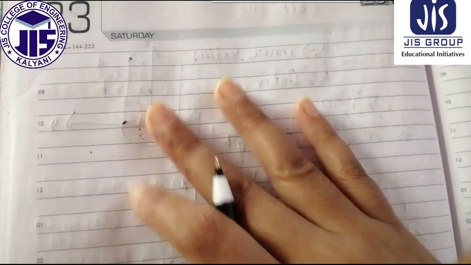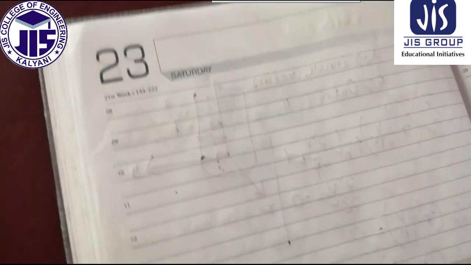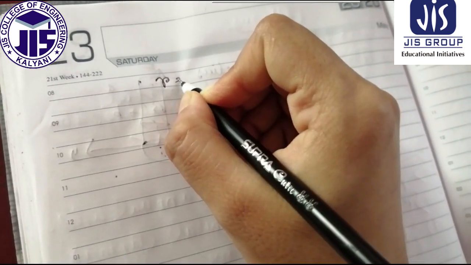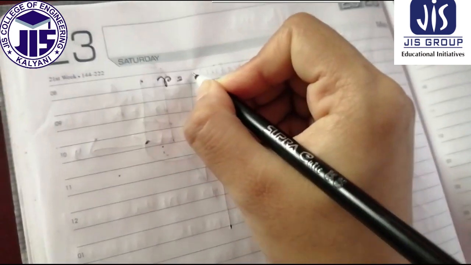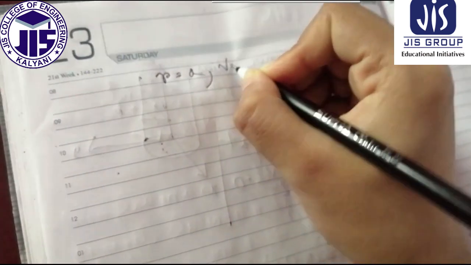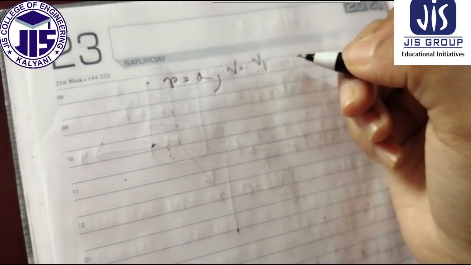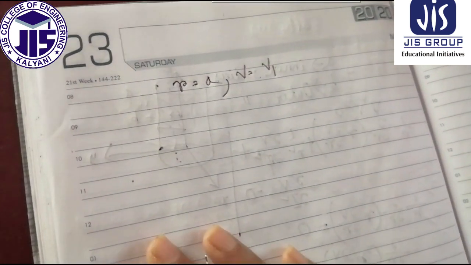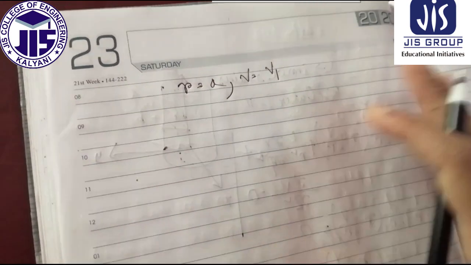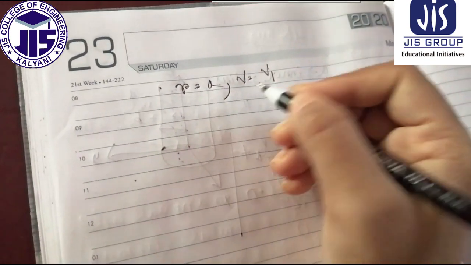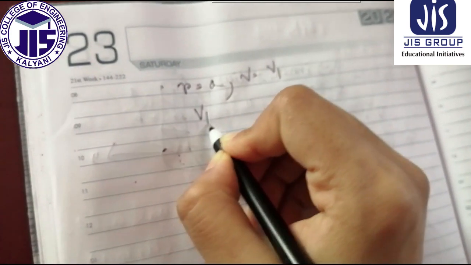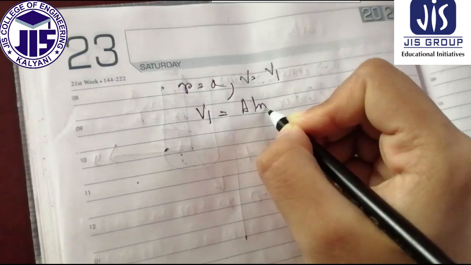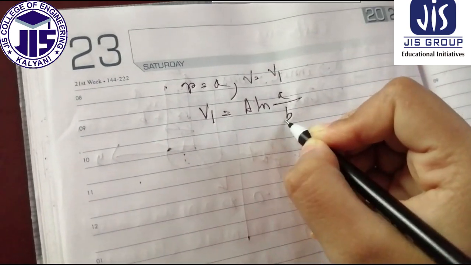Now the next boundary condition: at r equal to a, V equal to V1. If we put it over there, V equal to V1 means V1 equals A ln a by b.